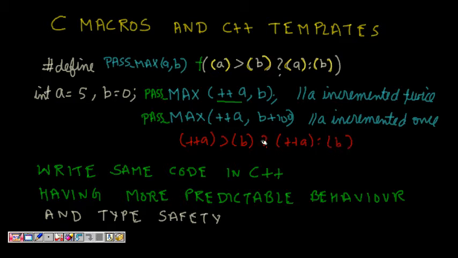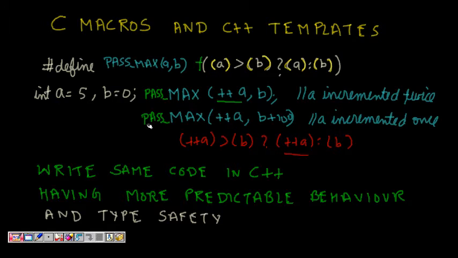What happens is that a is incremented twice if I call PASS_MAX(++a, b). ++a makes it 6, which is greater than b, which is 0, so this one will come, and again a will be incremented.